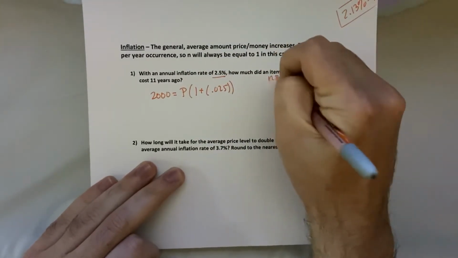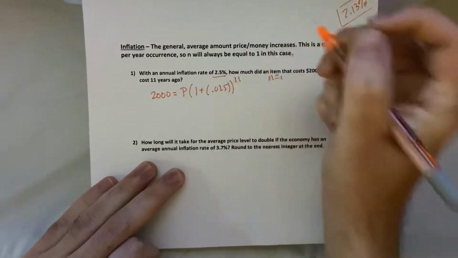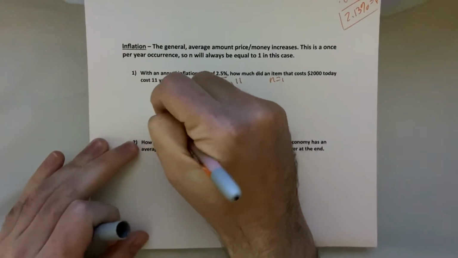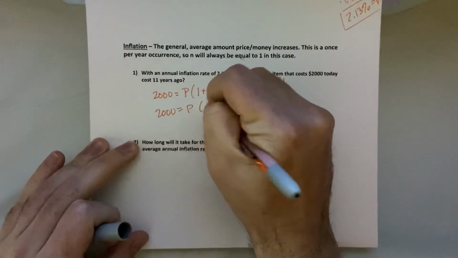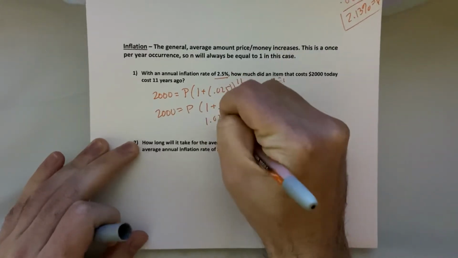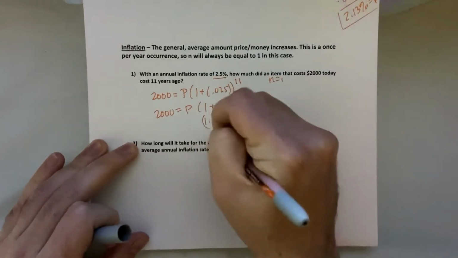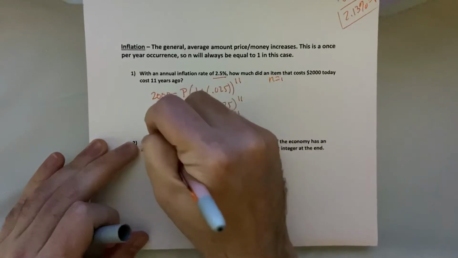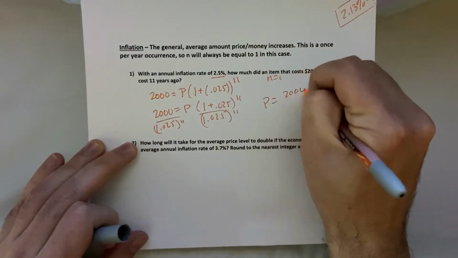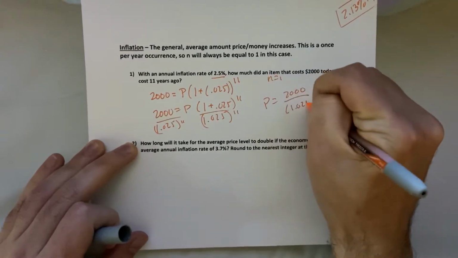Where N is 1 all the time. Let's see. So if I simplify this is 2,000 equals P times 1 plus 0.025 all to the 11th, or 1.025 to the 11th. So this is what I'll divide by. So the price level is 2,000 divided by 1.025 to the 11th.